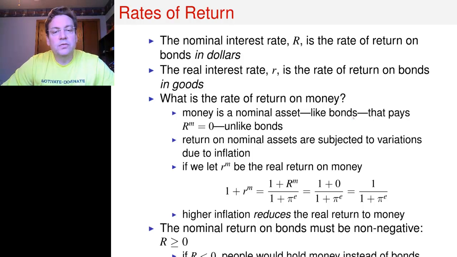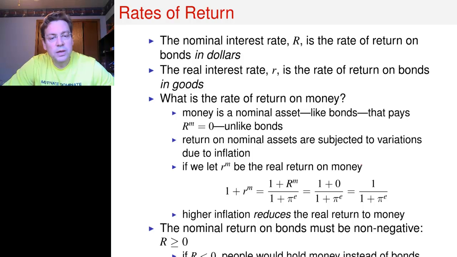So now we can ask ourselves, what is the rate of return on money? So if capital R is the nominal interest rate and little r is the real interest rate, so capital R is in dollars, little r is in goods, then what's the return on money? Well, money is a nominal asset. It's just like bonds, except that the rate of return on money, this R super M, is 0.